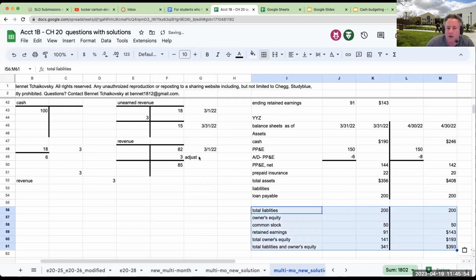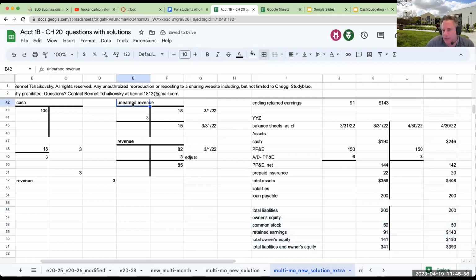The unearned revenue is a liability because I have not yet performed the services. So underneath loan payable, and it doesn't matter the order you put it in, I'm going to have unearned revenue. The amount of my unearned revenue as of March 31st, the month I'm doing, is going to be 15.